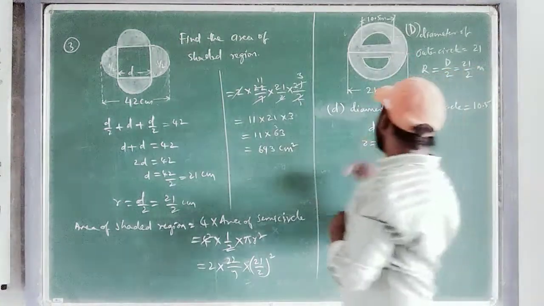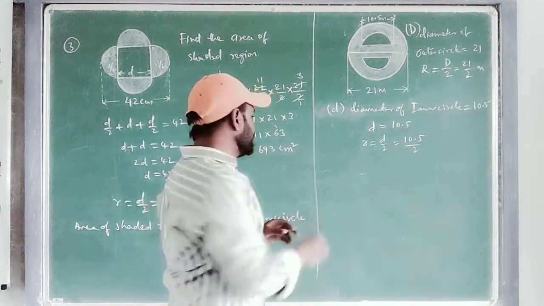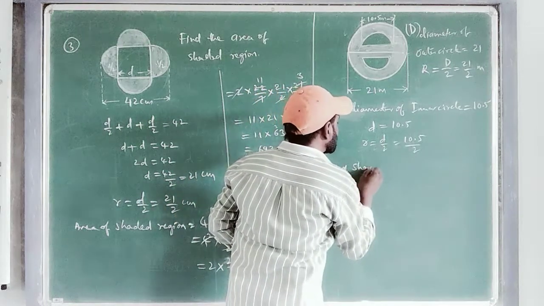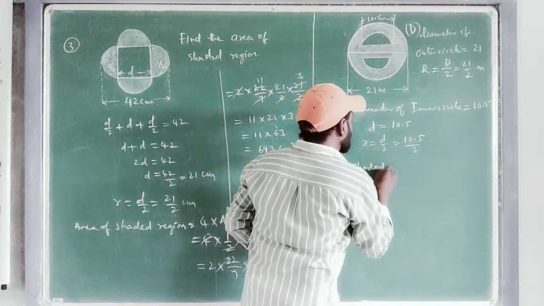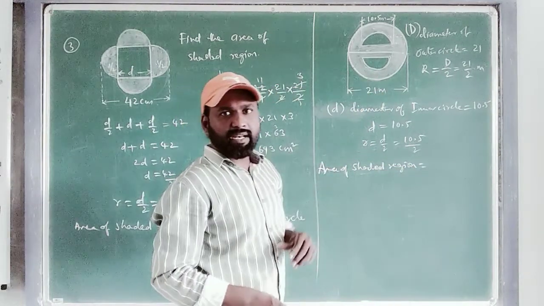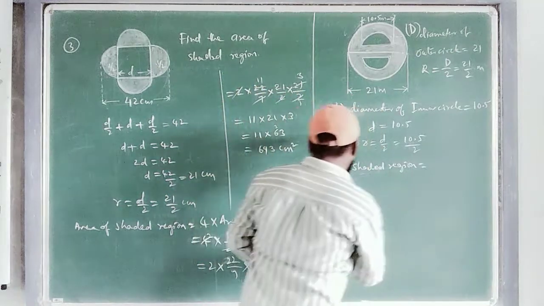So area of the shaded region is nothing but area of the outer circle minus area of inner circle.